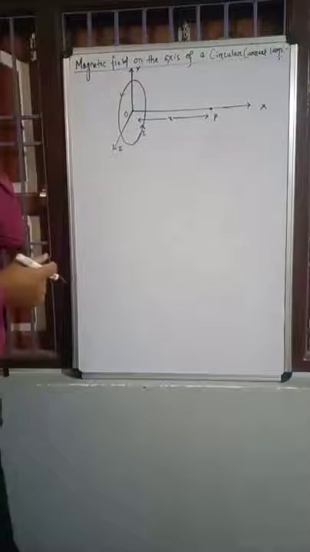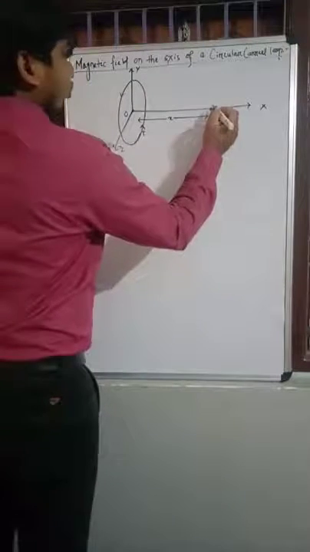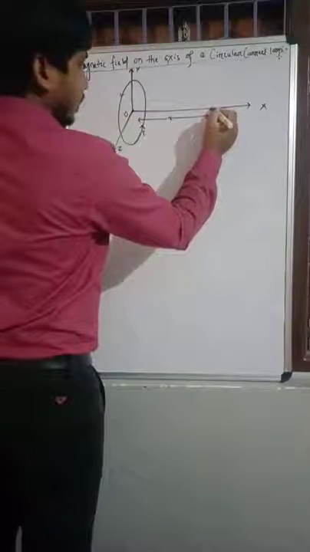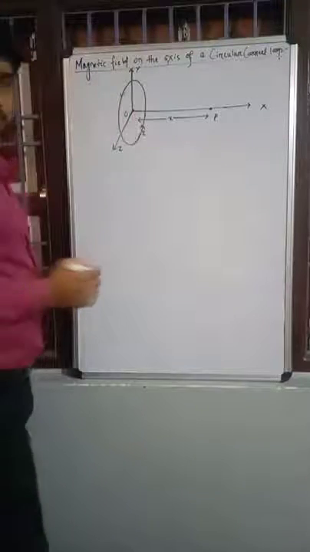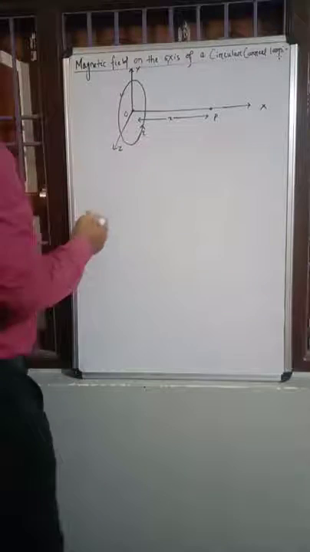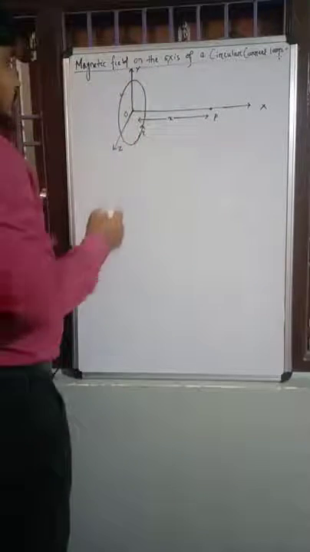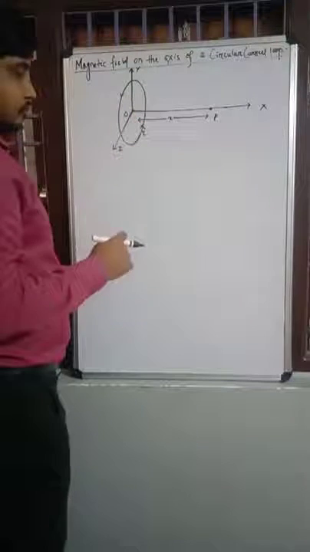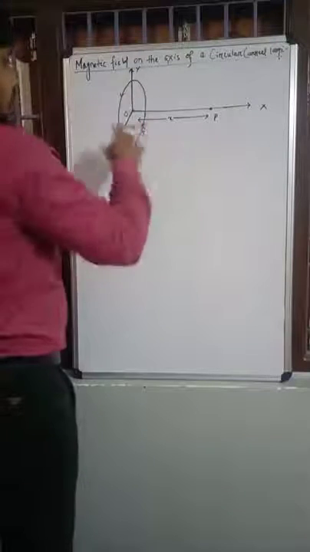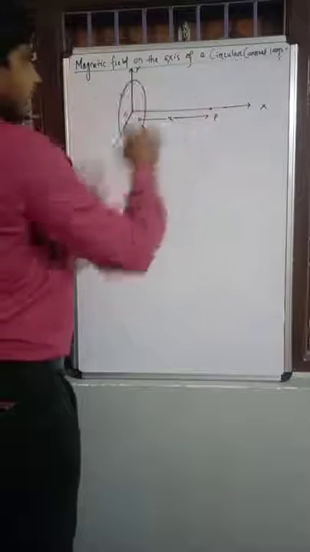Now we have to find out the magnetic field. What is the value of this magnetic field at this point P due to the entire loop? So for that, we will first divide the loop into small elements of small length. Then we can sum over it to get the net magnetic field.